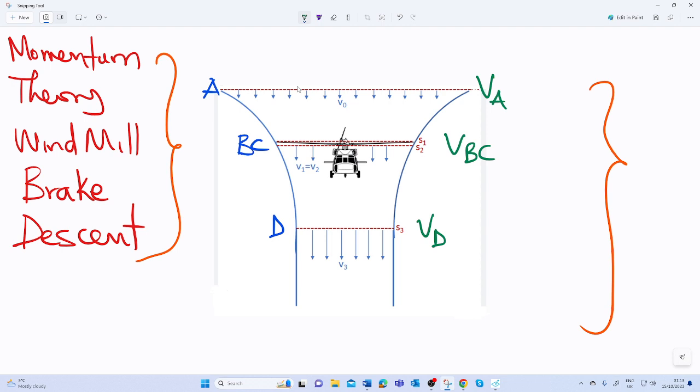And we have an induced velocity at A pointing down on the helicopter, and we have the thrust of the helicopter pointing up, and we also have the induced velocity pointing down, and the descent velocity pointing up.